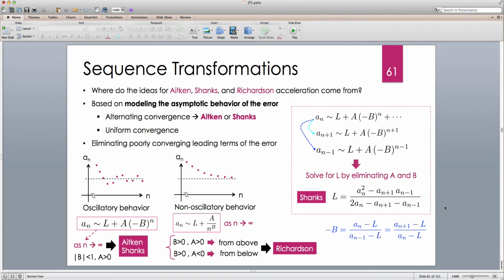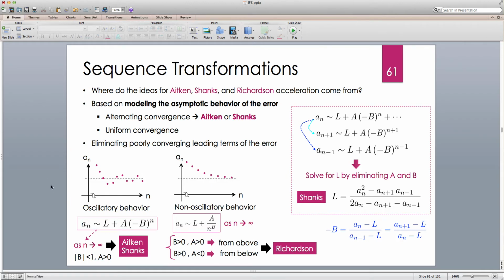Okay. Now the same thing with Richardson. Again, what we did here, we transformed the sequence by solving for L. Remember, the base idea was to model the error of the convergence with a simple model, and this behavior only applies when the model is in fact something like this, some number to the power of n.